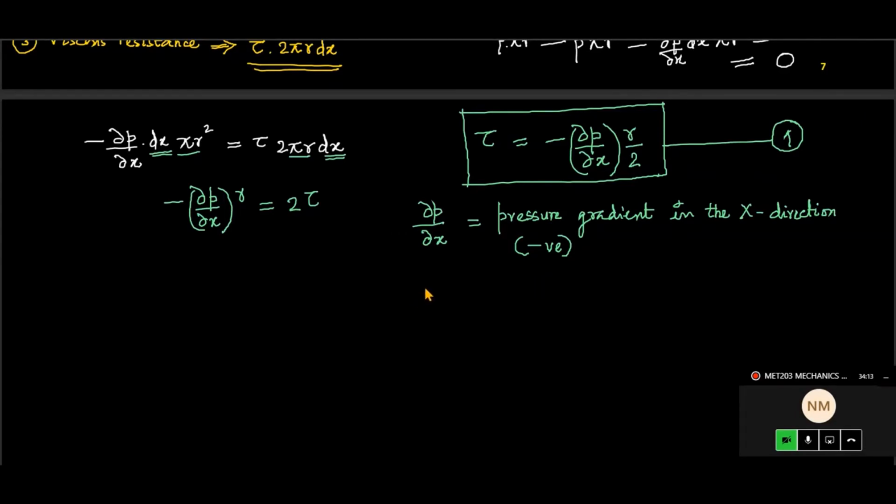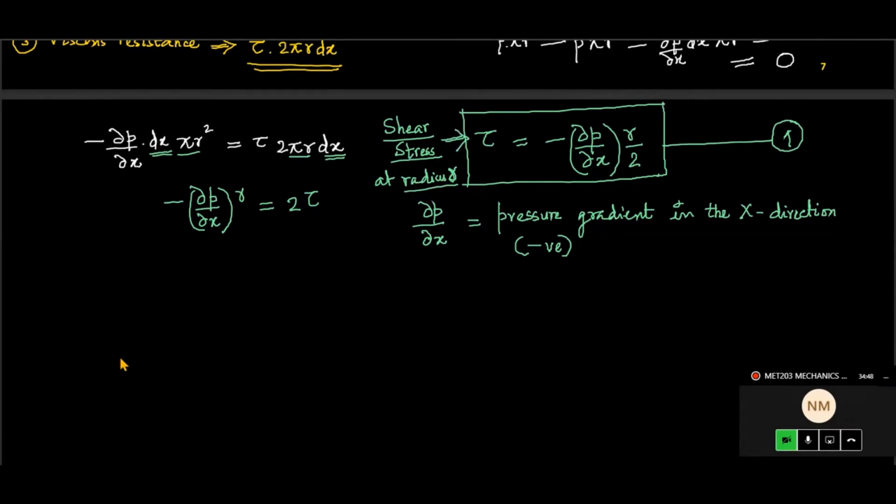What is the pressure head loss in viscous flow through circular pipes? That we have to consider towards the end. As a preliminary step, we got the shear stress. This tau is the shear stress at radius r, so at any radius, this is the relation.